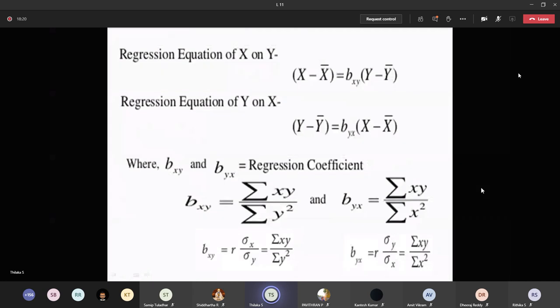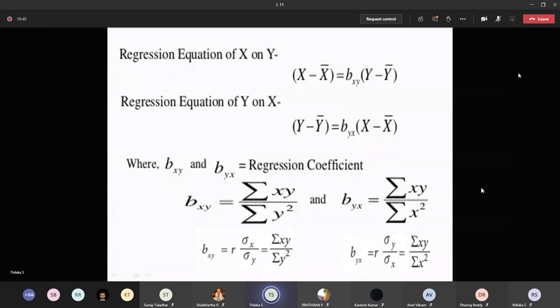Other than this, we have the b of xy, which is called the regression coefficient. So we have the regression coefficient of x on y and the regression coefficient of y on x, and two formulas to calculate these.